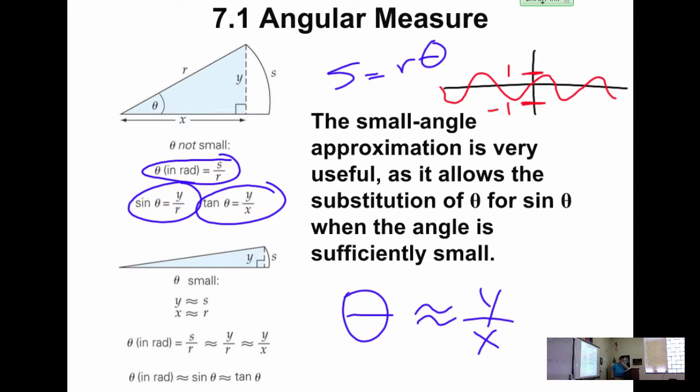When it's really, really small. Does that make sense? And the reason for that is that s over r should be close to y over r, which is technically pretty close to y over x. And what they're saying is, here's your r, and here's your x.